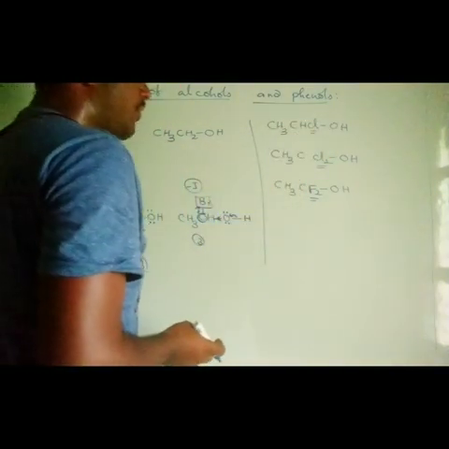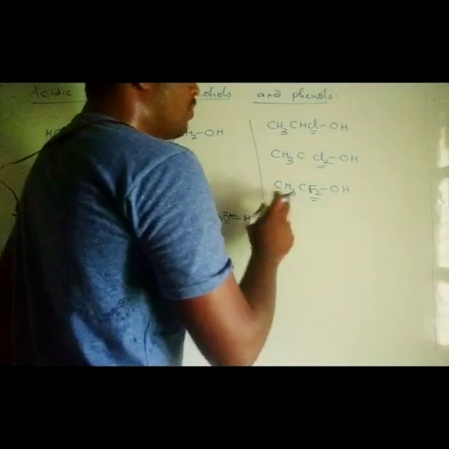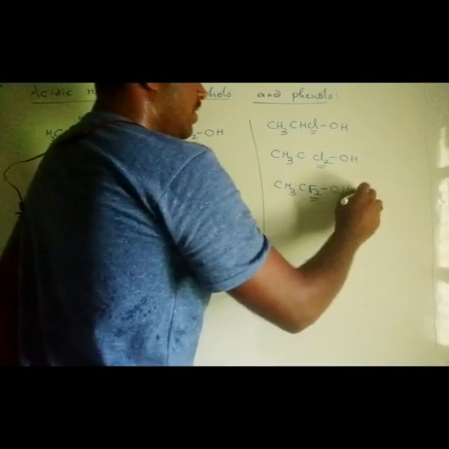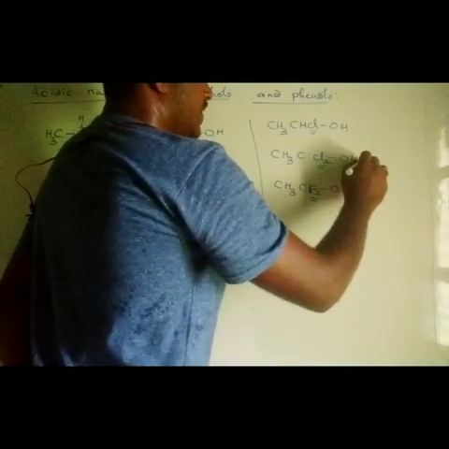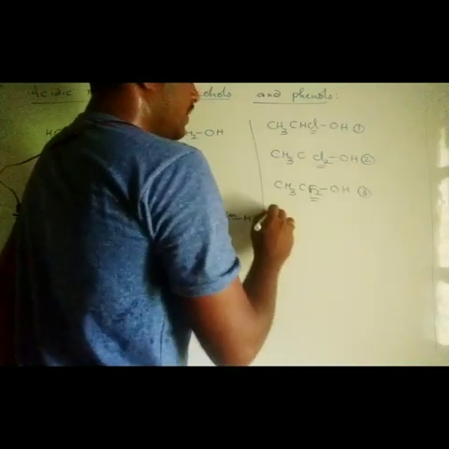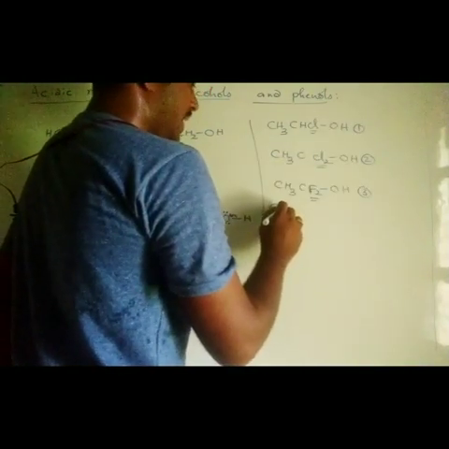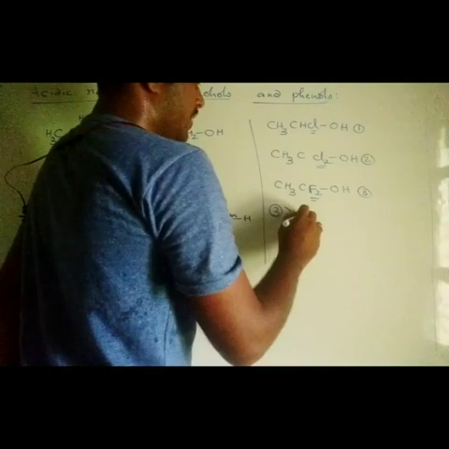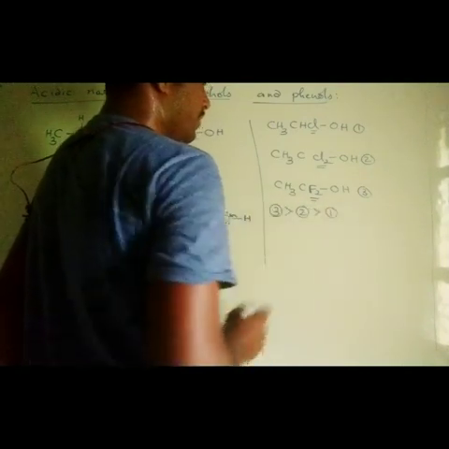The greater the substitution of halogens on the OH linked carbon, the more will be the acidic strength. So definitely you can write the correct order of acidic strength of these compounds. The third one is the most acidic, then the second one, and the least acidic is the first one.